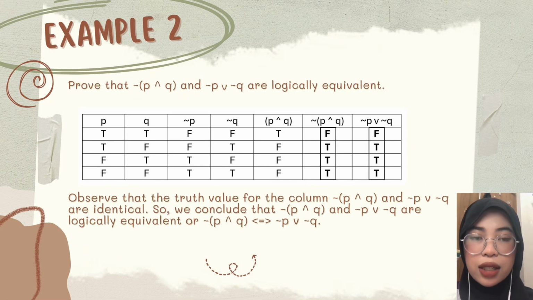Example 2 asks us to prove that not (P and Q) and not P or not Q are logically equivalent.